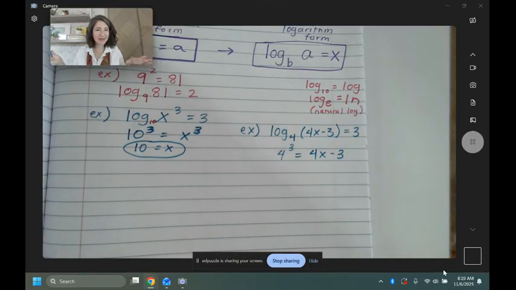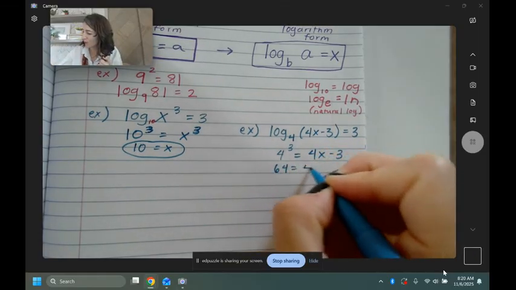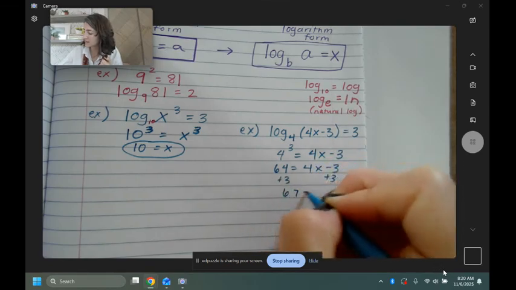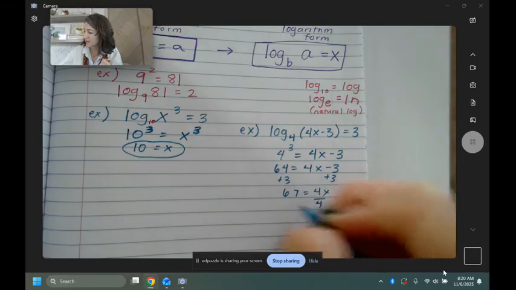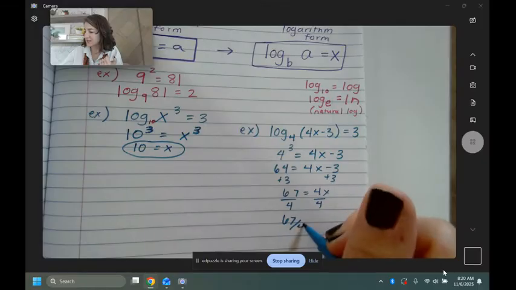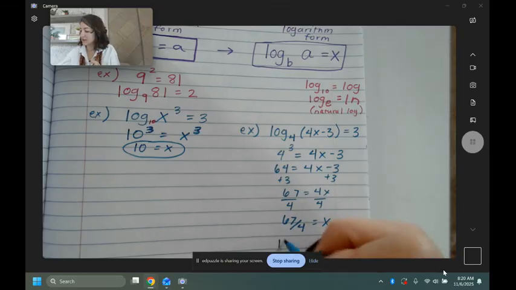And then this is a very simple problem. Solve for x. 4 to the third is 64. Add 3 both sides. And divide by 4 both sides. I'd leave that as 67 fourths or 16.75.